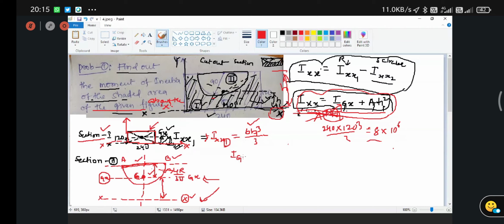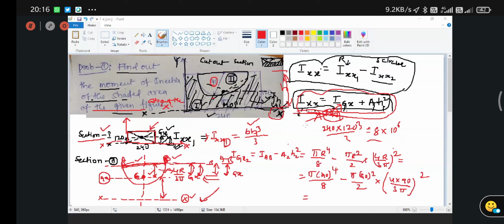If you do this, how much are you going to get? I am going to calculate it here, so if you have a calculator, calculate it.